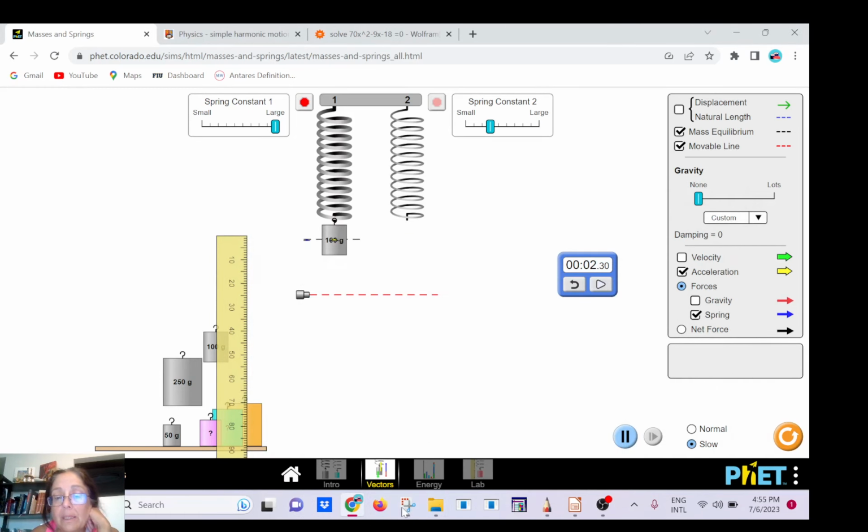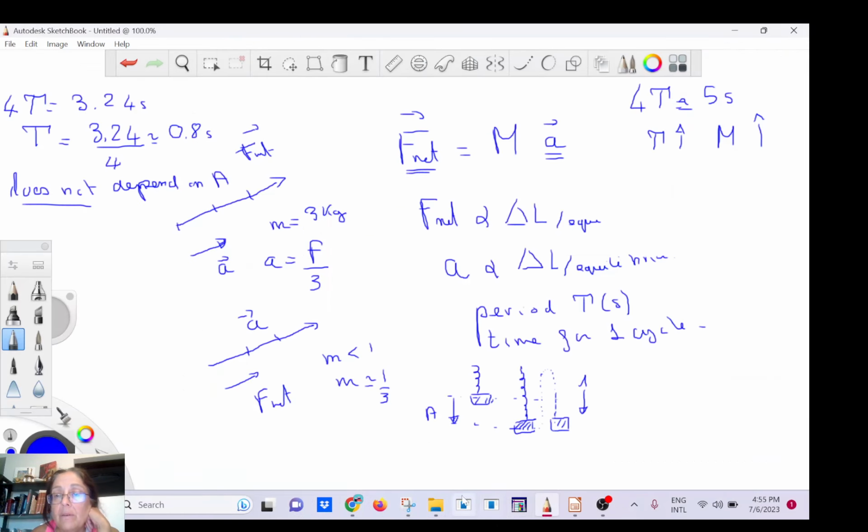So it means that now we have 4 oscillations in about 2.3 seconds. So before it was 3.24. So now it's much less, meaning if the spring constant increases, the period is going to decrease.